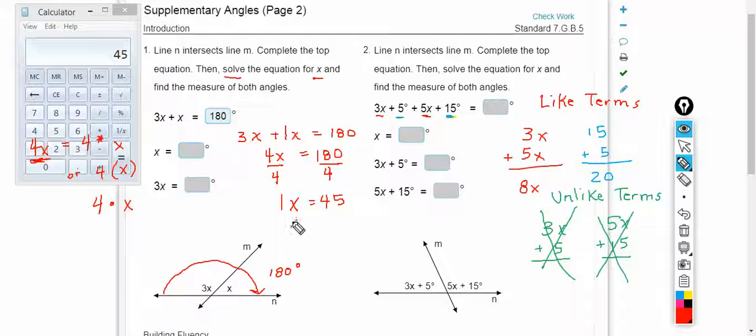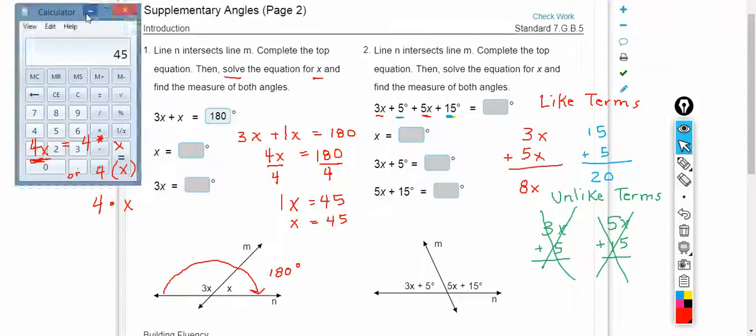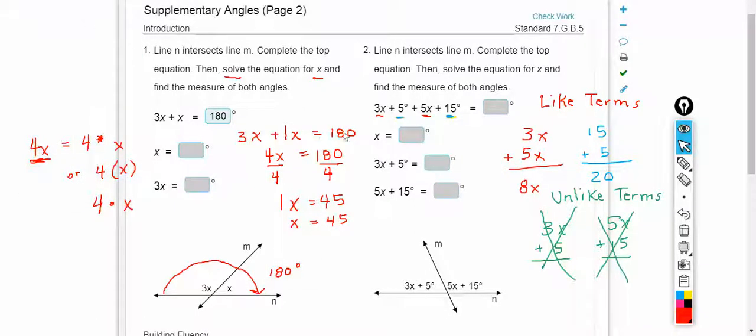Okay, so x equals 45. 1x and x are the same thing. So based on that, we know that x equals 45.